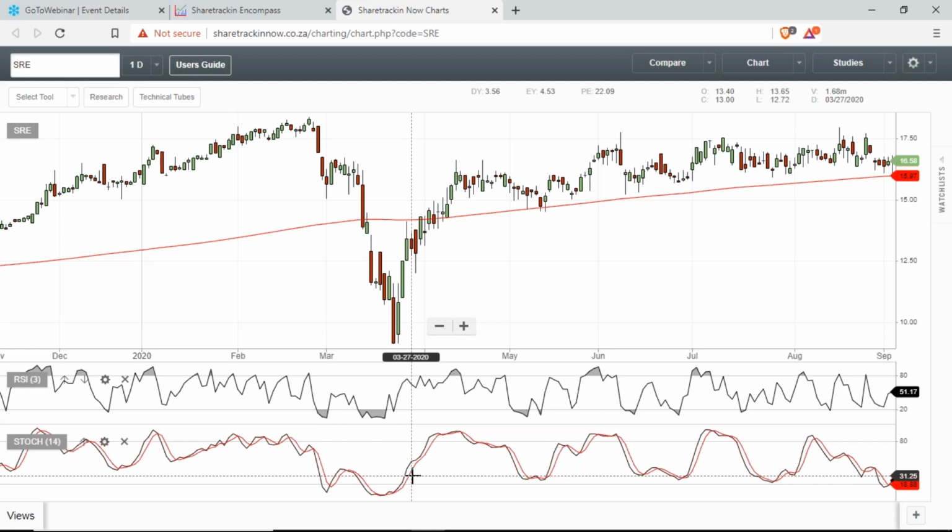That can be your choice, whether you want to climb out there or whether you want to wait for the next crossing point above 80 to sell.